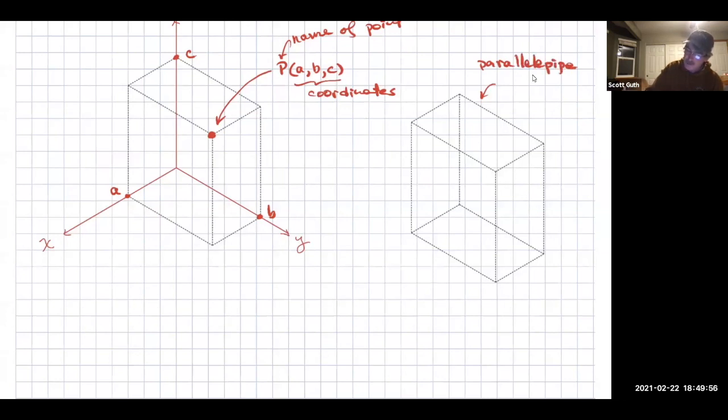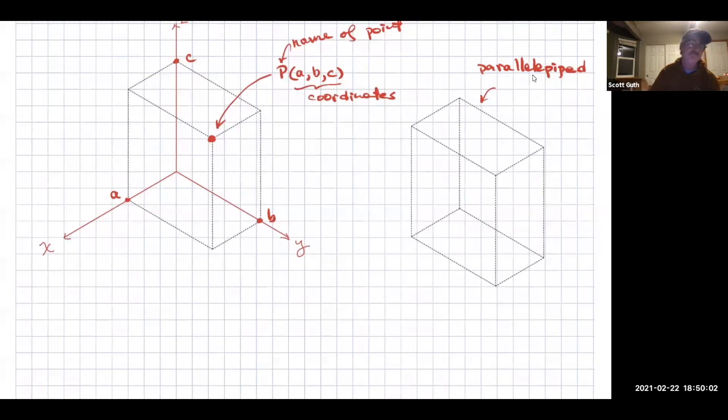A parallelepiped doesn't have to be rectangular. It's called a polyhedron. A polyhedron is a three-dimensional object whose faces are polygons.